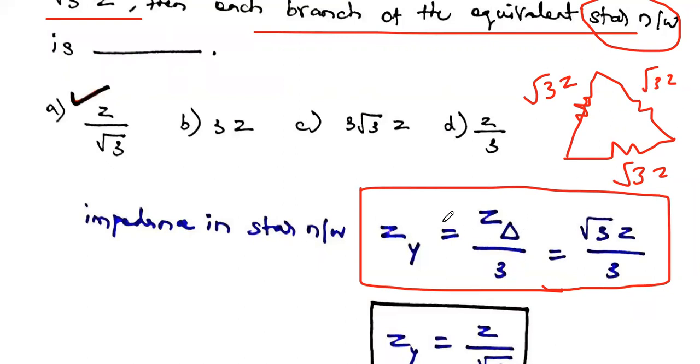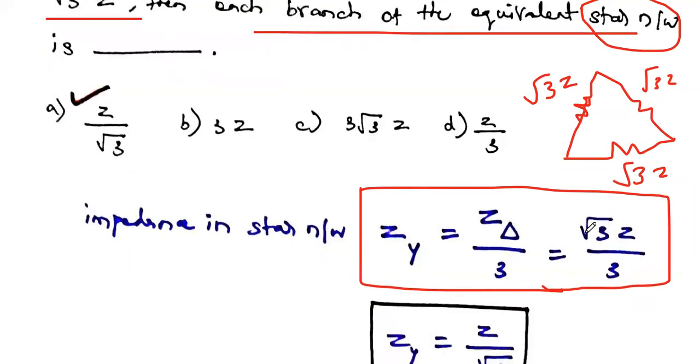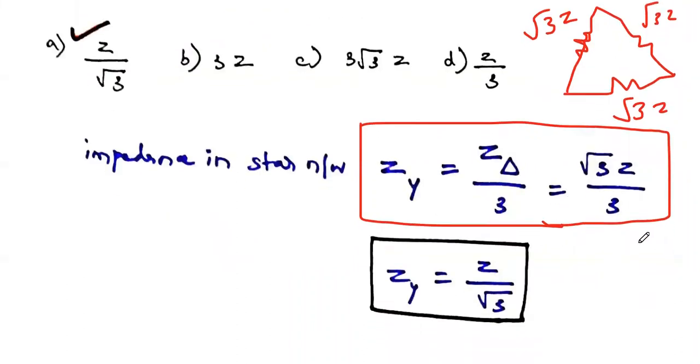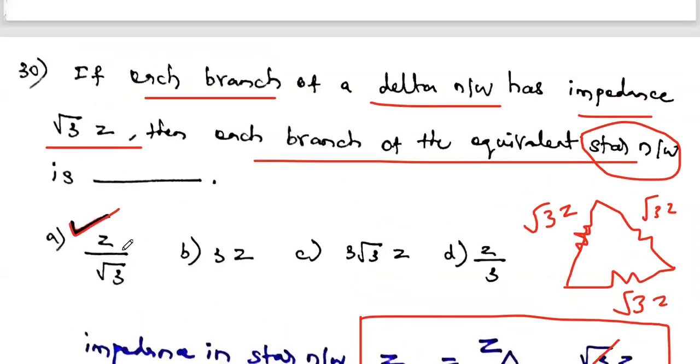Here, each branch in the delta network has the impedance value √3 into Z. So you just substitute: √3 into Z divided by 3. Cancelling √3 and 3, we get √3 in the denominator. Finally we get the answer Z divided by √3.